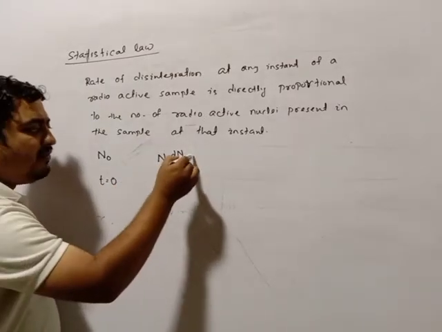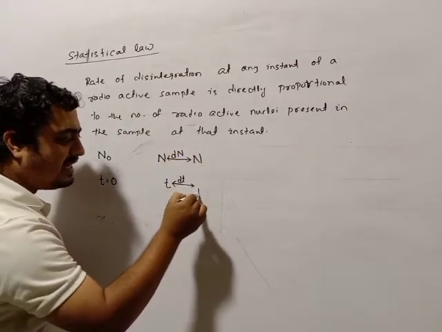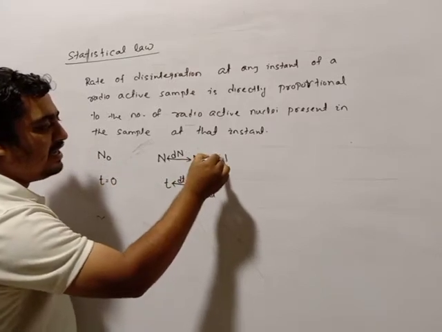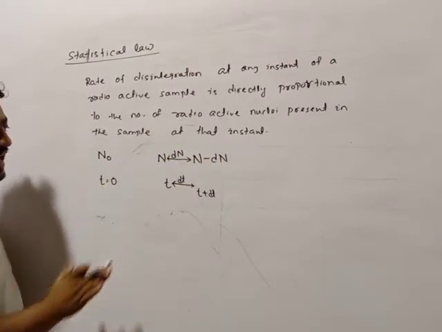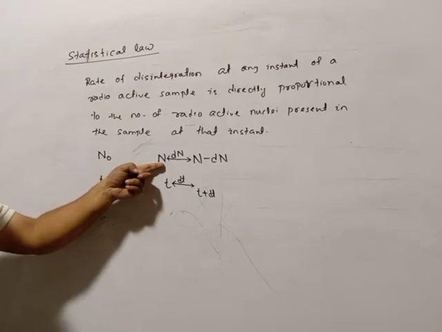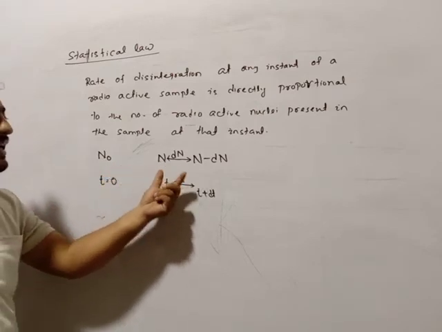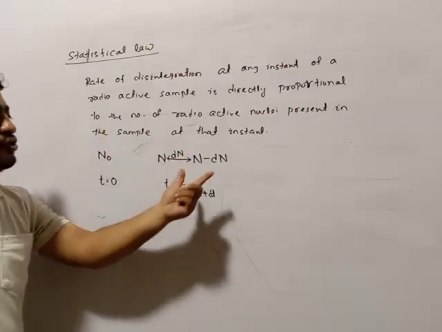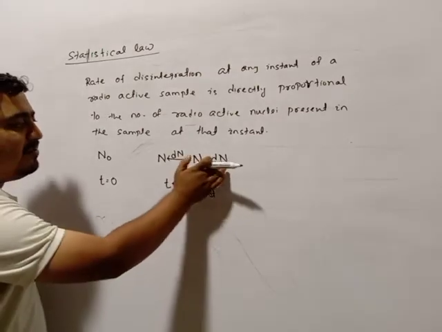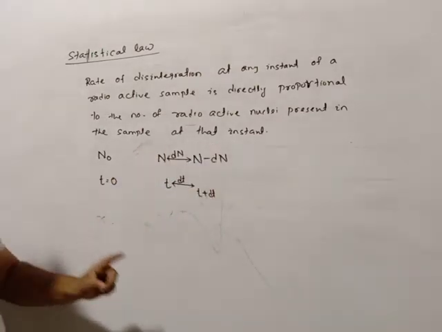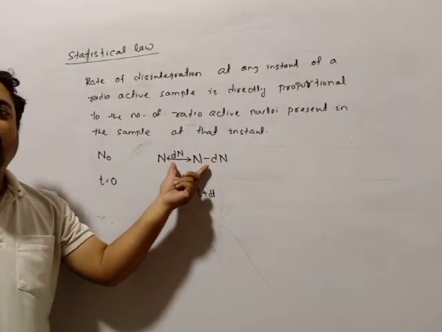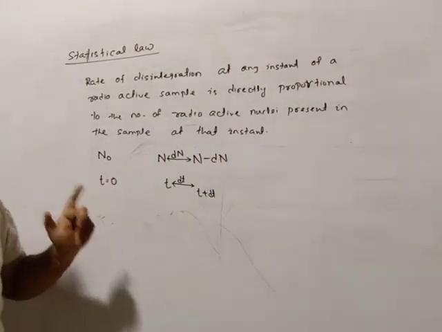So the number of radioactive nuclei present at time t plus dt will be n minus dn, because at time t the number is n, and in time dt the number disintegrated is dn. So the remaining number is n minus dn, and the number of radioactive nuclei decreases with time.